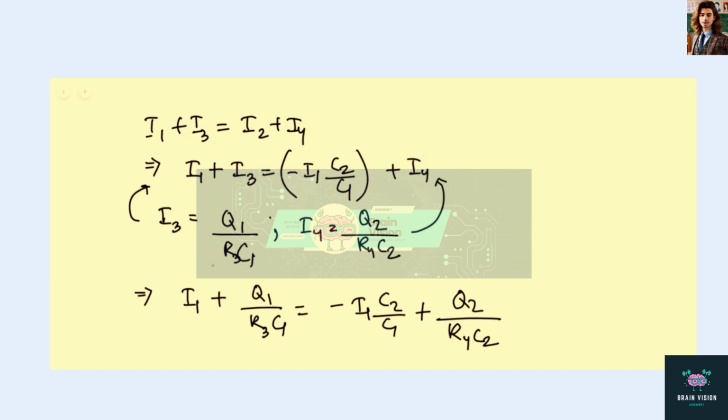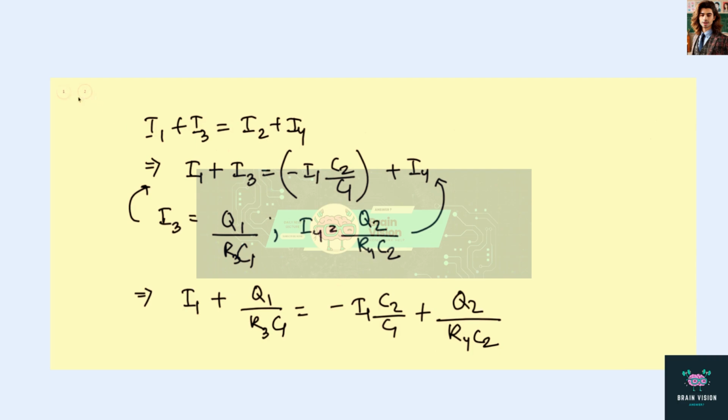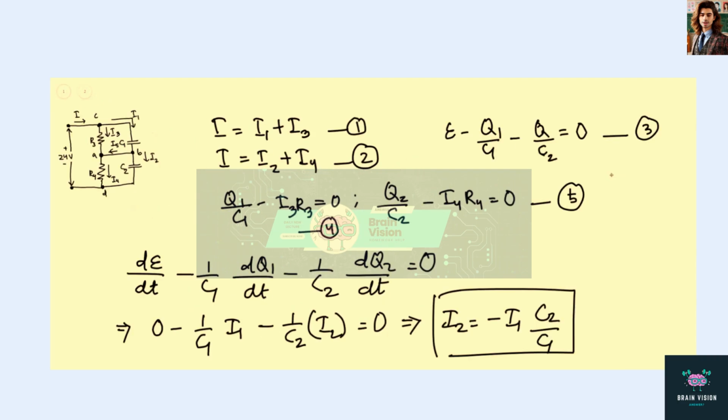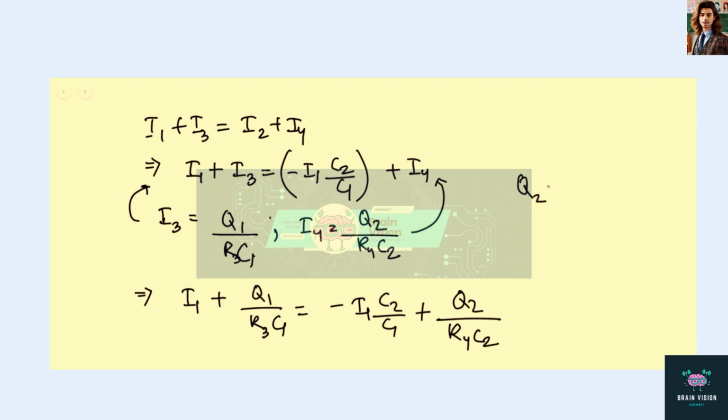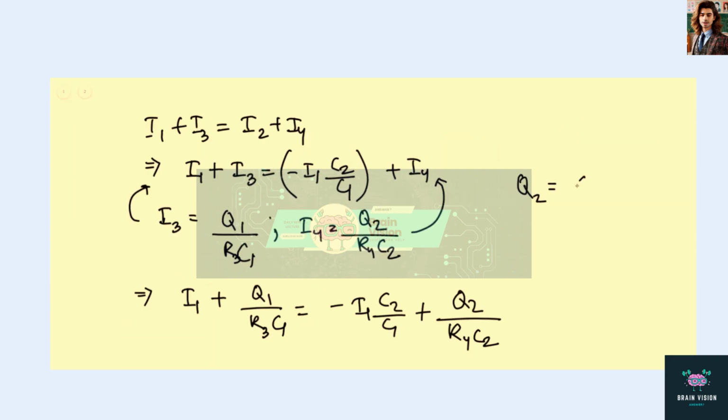Finally we eliminate Q2 by using equation 3. From equation 3 we get Q2 equal to C2 times the quantity EMF minus Q1 over C1.